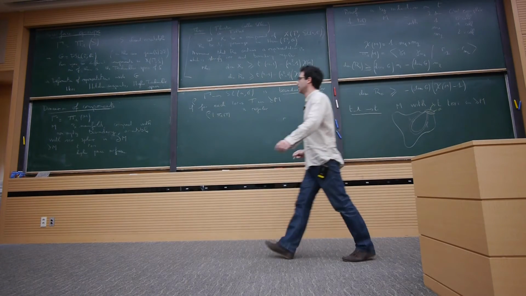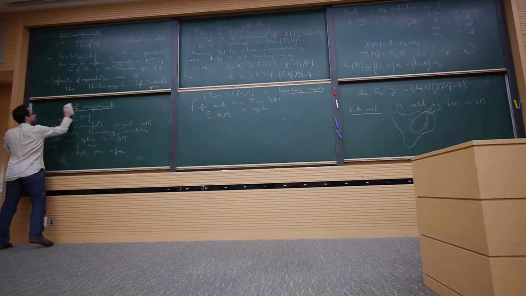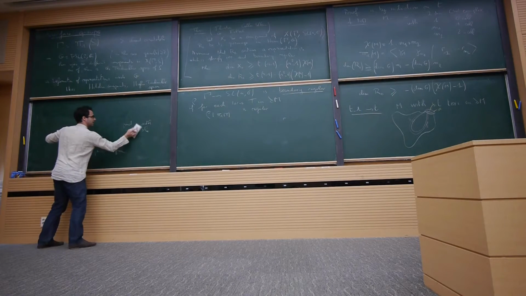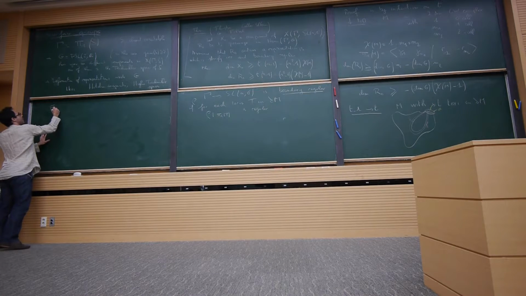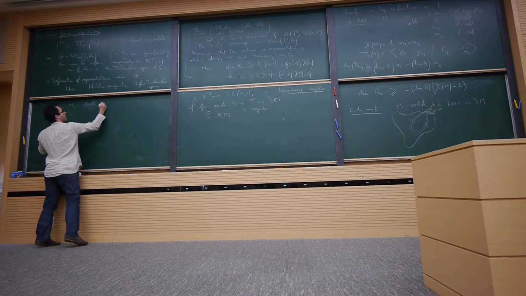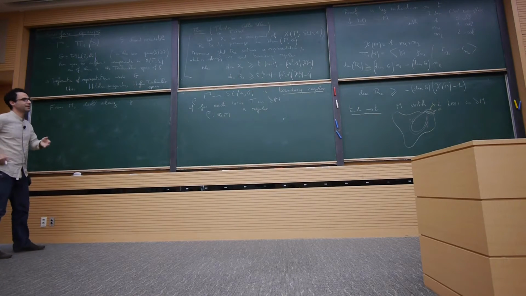So from M, drill along gamma. We will decide later on who is gamma.